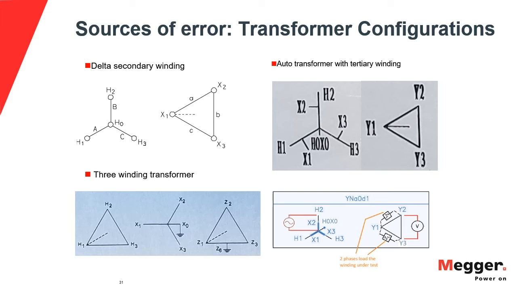If we are doing a single phase excitation, as described in this lower right diagram, then the other two phases that we are not testing, in this case on the secondary having a delta, are loading the winding under test at that particular moment. So that initial condition is no longer valid, and that will affect the accuracy of the readings.